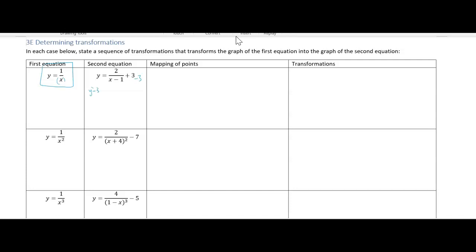And this is our image, so I'm going to do y dash, x dash. I don't want to skip too many steps. All right, then I'm going to get rid of that 2 by dividing both sides by 2.